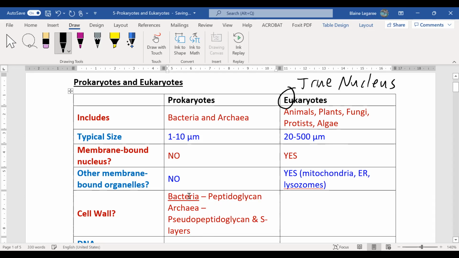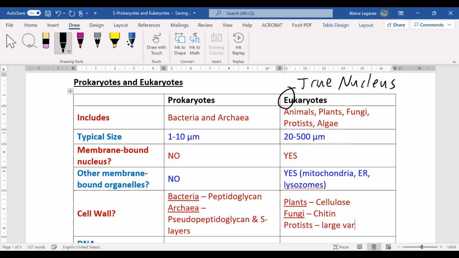And the eukaryotes, we talked about them as well. Remember, plants have cellulose. And what else did we talk about? Fungi have chitin. What else? Protists. We'll just say big variety or large variety.